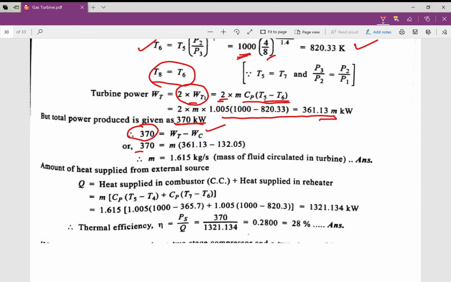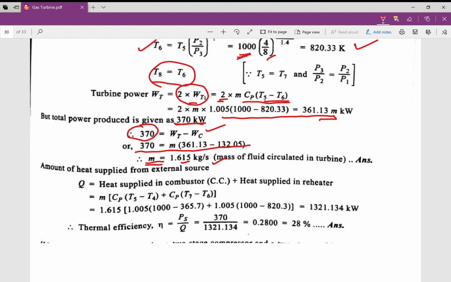We can write in this way, and then finally the mass flow of air, that is the working fluid, can be calculated, which comes as 1.615 kg per second.